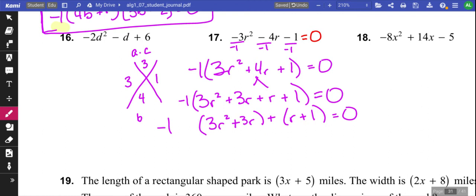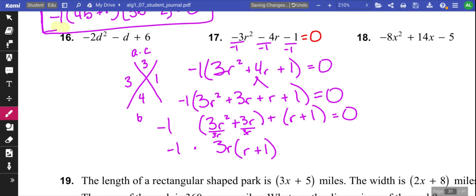And I want to think now I can factor whatever I want out of these groups. Whatever I can factor out, that's what I want to do. I am going to factor out a 3r, because I've got a 3r in each of these. And I'm going to be left with r plus 1.